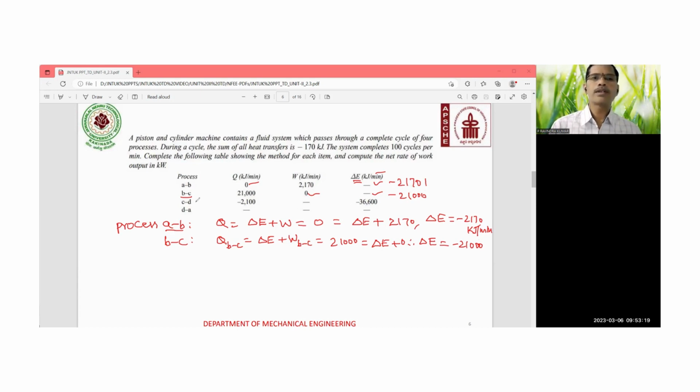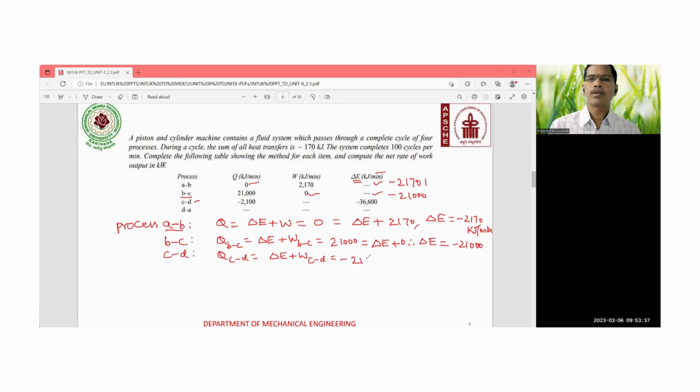And the third one, that is the process C to D. So here also Q C to D is equal to delta E plus W C to D. So what is Q C to D?